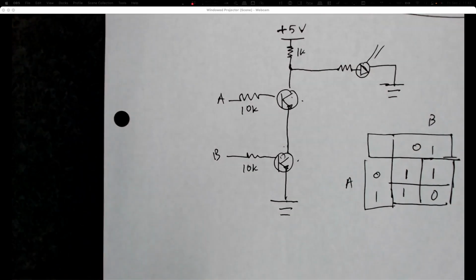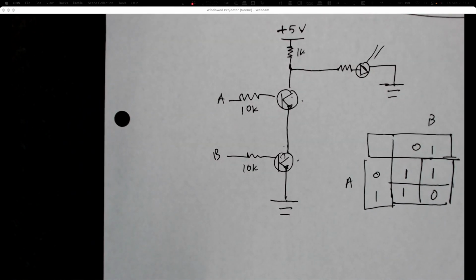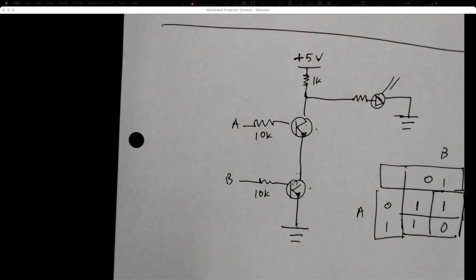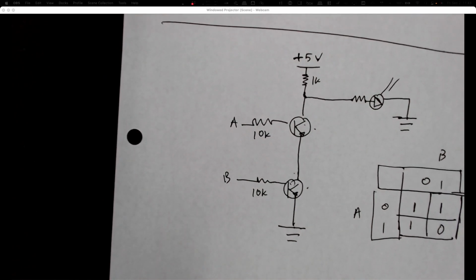I can go this way and go through a 330 ohm resistor and an LED to get to ground, or I can go straight to ground through this shortcut over here. Which one am I going to take? The shortcut. And so does current go through my LED? No. And therefore, we consider that to be off. Does that make sense? You see how we kind of think through it?